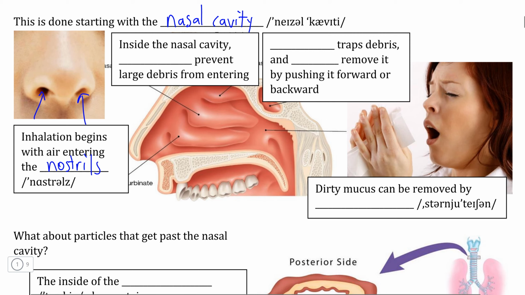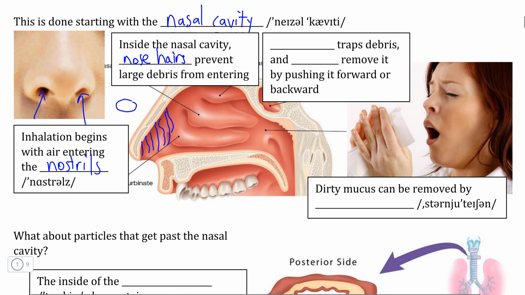Now, most people understand that inhaling through your nose is much healthier than inhaling through your mouth, and there's a very simple reason why. Inside of the nasal cavity, you actually have nose hairs, or more correctly known as nasal hairs, which grow off of the skin inside of your nasal cavity like this. And these very simply provide a natural physical barrier.